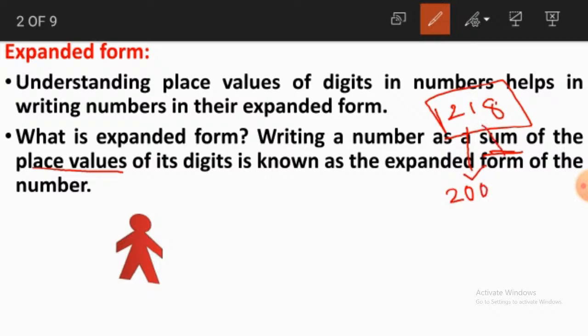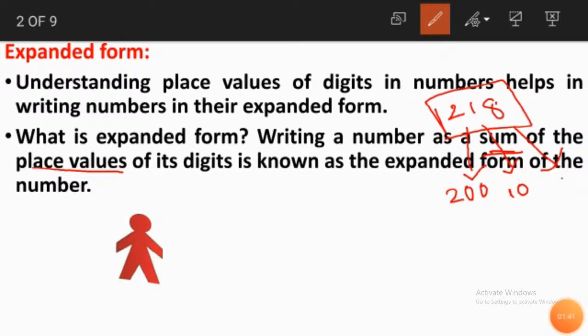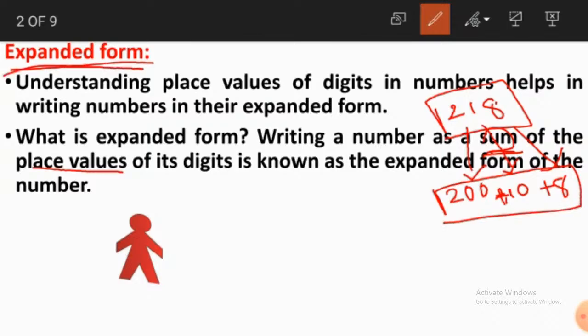Then what is the place value of 1? 10. And what is the place value of 8? 8. What should we do? We should write it as a sum. What does sum mean? Addition. Simply add these place values. This will give us the expanded form of the number.